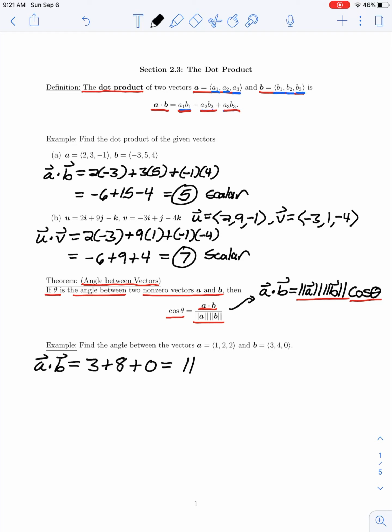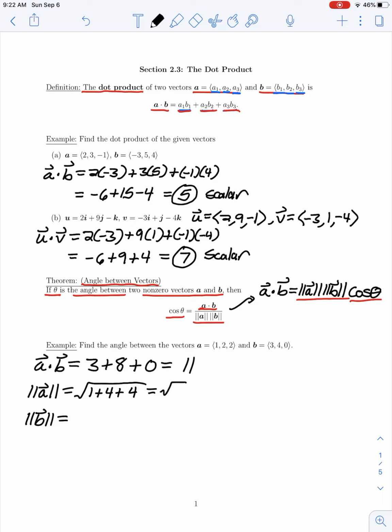The other two quantities that we need for our formula are the magnitude, or the length, of the vector A, and the magnitude of this vector B. Recall, to find the magnitude of a vector, we take the square root of the sum of the squares of its components. For A, we would have 1 squared plus 2 squared, which is 4, plus 2 squared, which is 4.